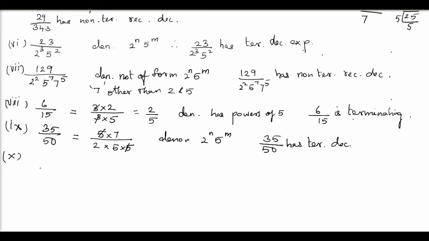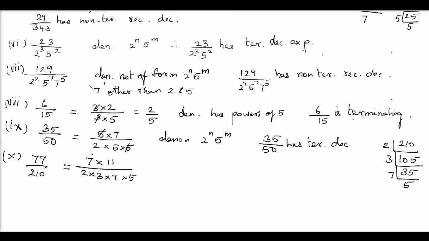Now the final subdivision is 77 by 210. So this is 7 into 11 numerator and the denominator is 2 into 3 into 7 into 5 because when you divide 210, okay, now here you can cancel 7, but you see there is a 3.